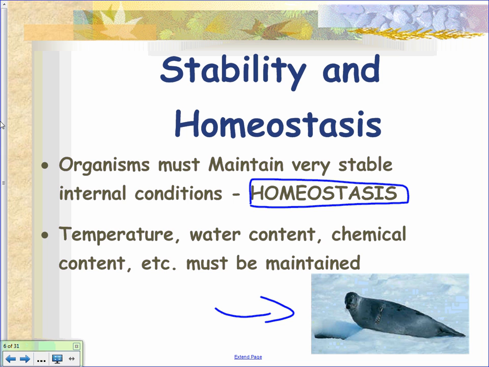Obviously, it lives in the Arctic, and that could be a potential problem for freezing. It needs to maintain its water content. Seals live primarily in or near aquatic environments, so they need to maintain water content. Chemical contents, so things like pH, all of these things need to be maintained by living organisms, and that's done through homeostasis.